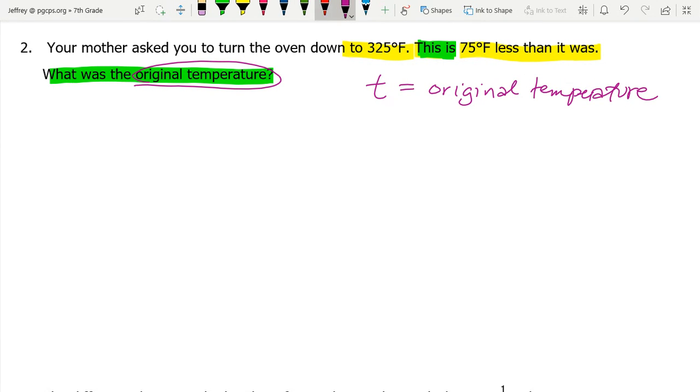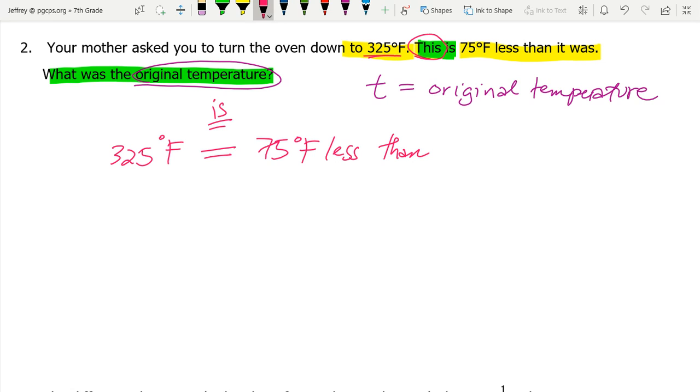All right, now let's understand the problem. It says you turn down the oven and the result was 325 degrees Fahrenheit, right? So the word this pertains to 325. So 325 is 75 degrees Fahrenheit less than it was.